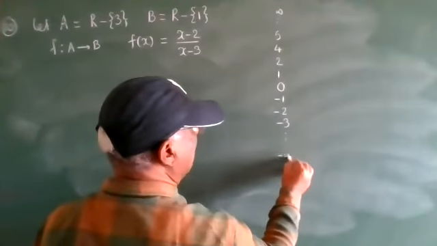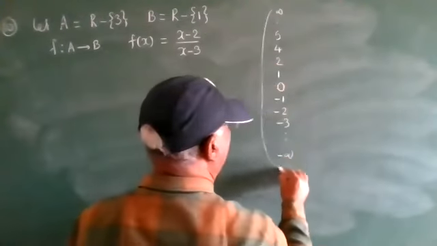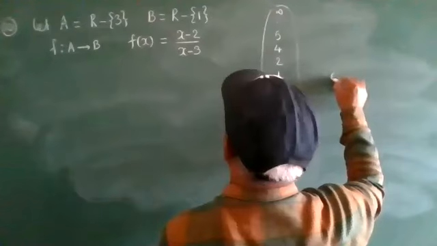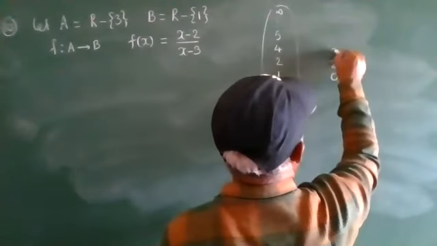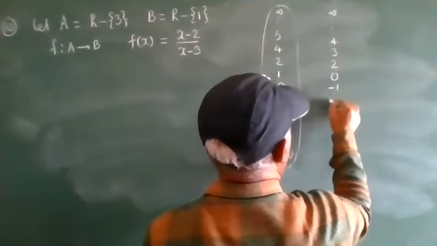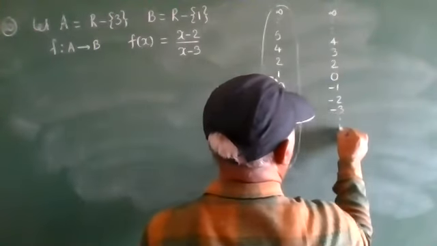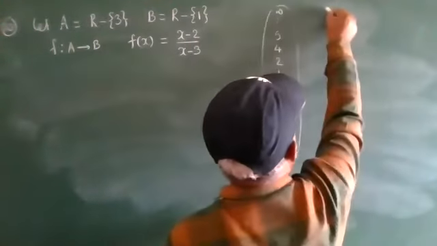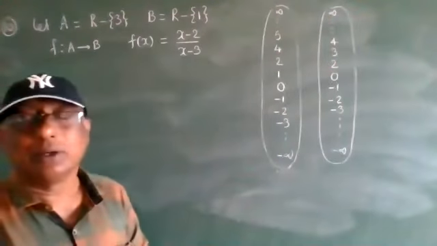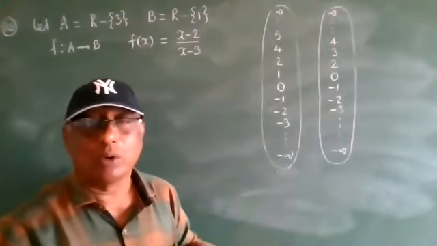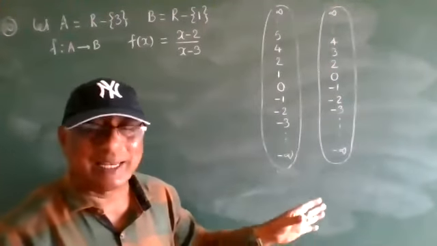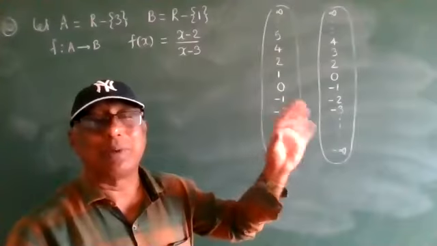What is the codomain? 0, no 1, 2, 3, 4, up to infinity, and minus 1, minus 2, minus 3, up to minus infinity. The domain is without 3, and the codomain is without 1.